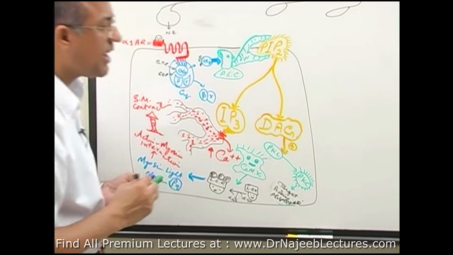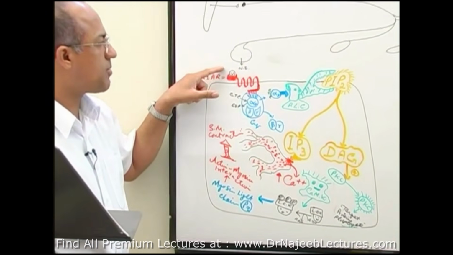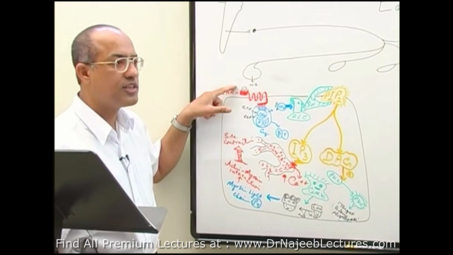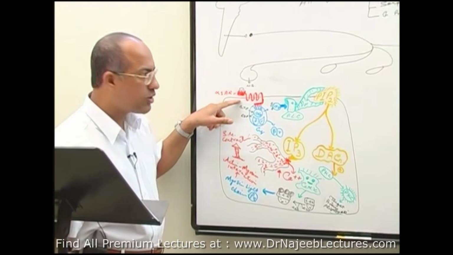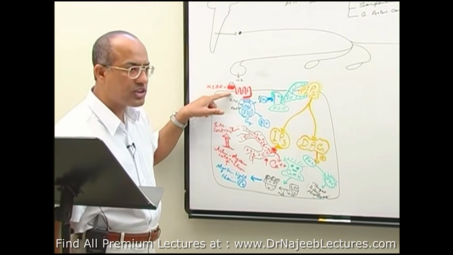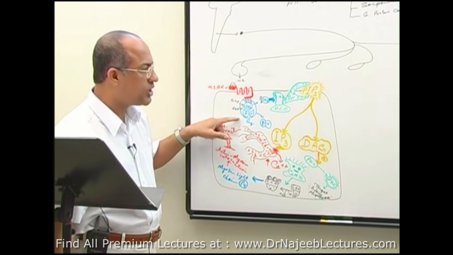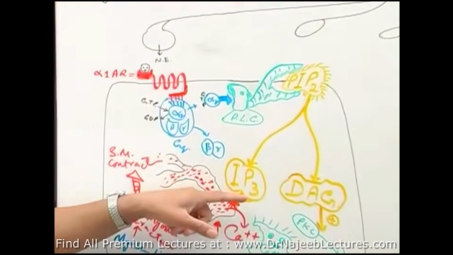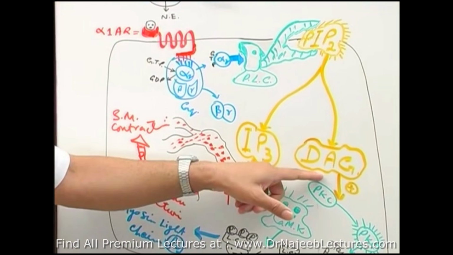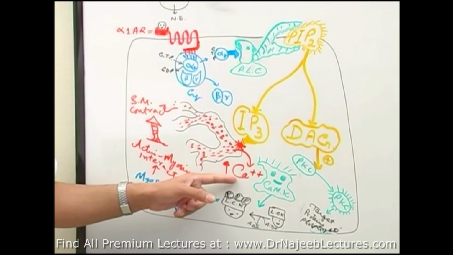So what did we really learn? We learned that whenever norepinephrine or epinephrine or any other compound which has agonist action on the alpha-1 adrenergic receptor, that will lead to activation of intracellular Gq protein, activation of phospholipase C, and increased intracellular levels of IP3 and diacylglycerol, and IP3 will increase intracytosolic calcium levels.